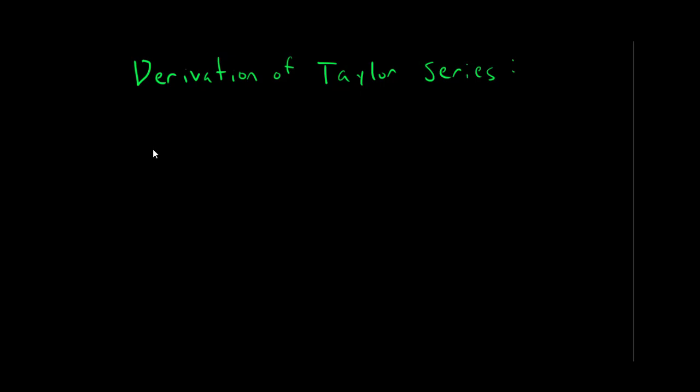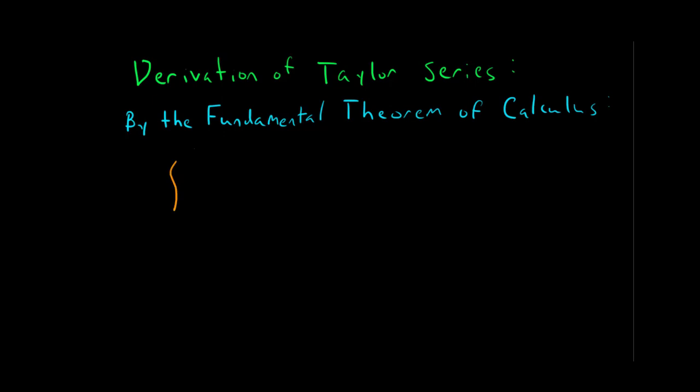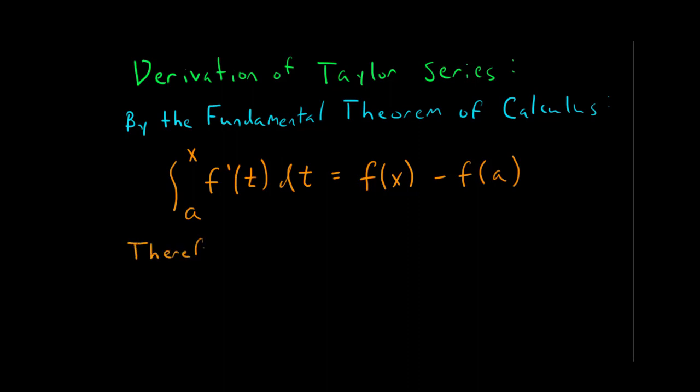And we begin with the fundamental theorem of calculus. By the fundamental theorem of calculus, we know that if we take the integral of a function's derivative from a to x, so if we integrate from a to x of f prime of t dt, that is equal to the antiderivative, so just f of x minus f of a, the antiderivative evaluated at those boundaries, x and a.